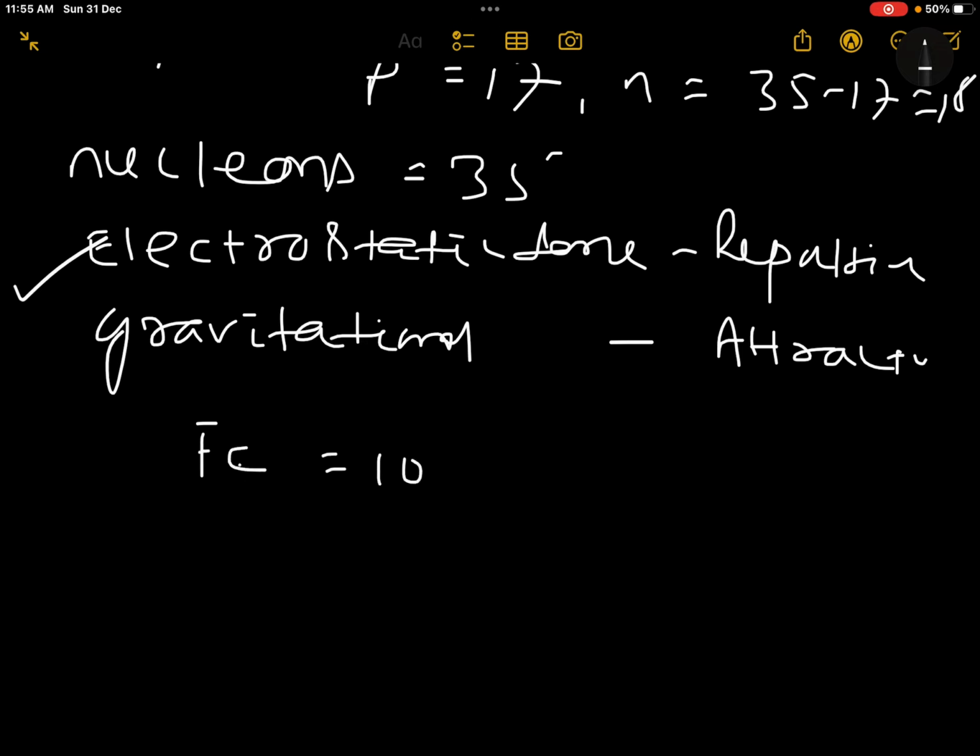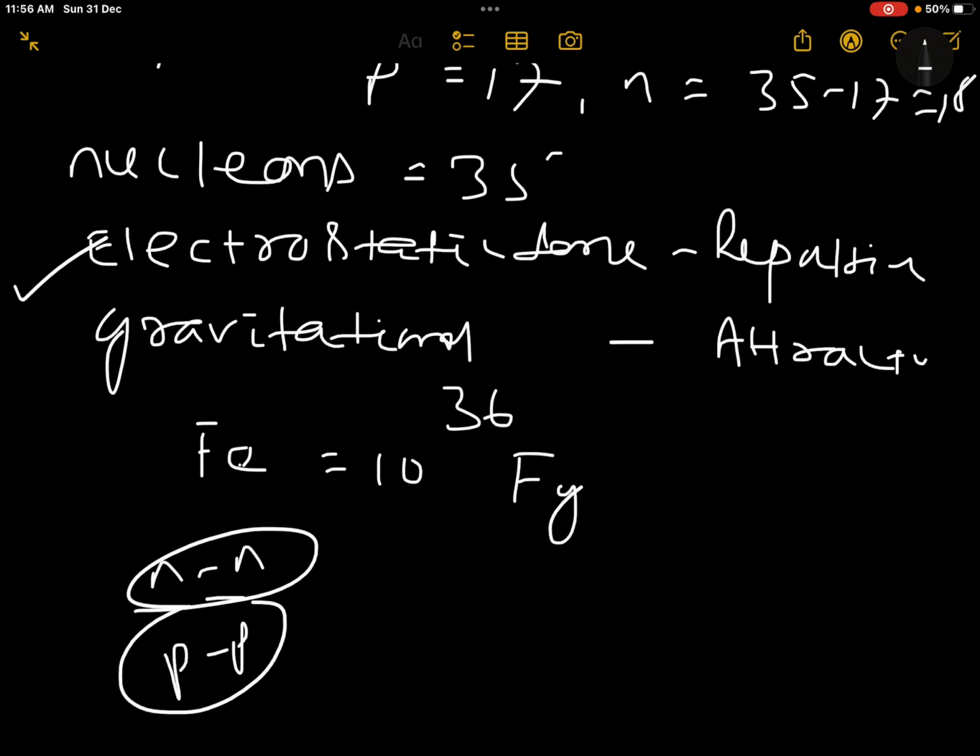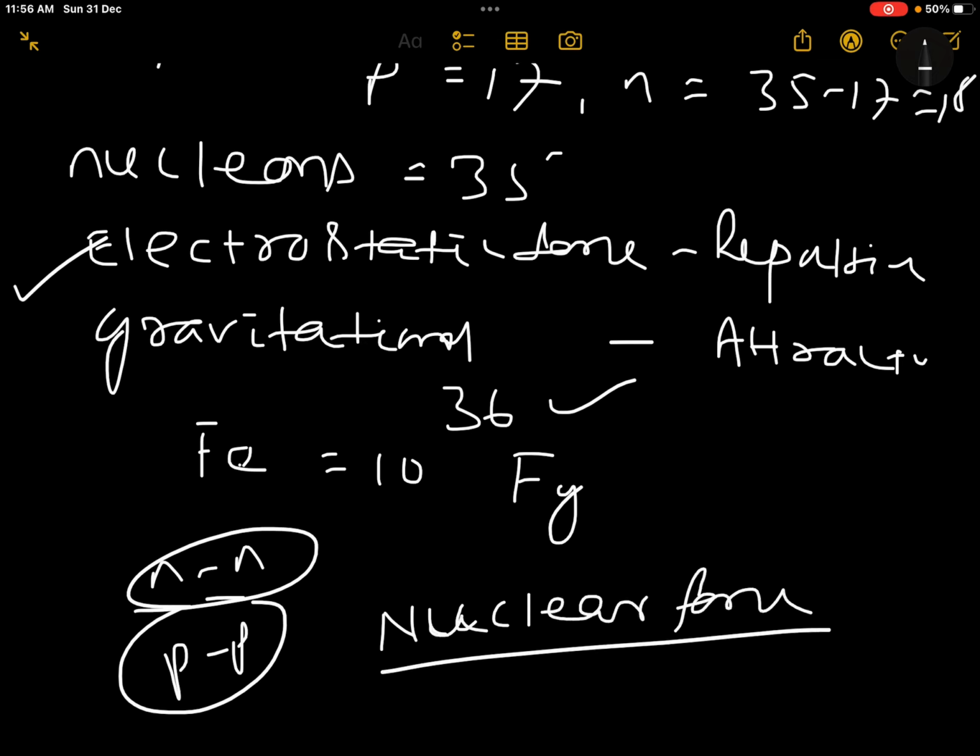Electrostatic force is 10 to the power 36 times greater than gravitational force. Due to which, what happens? Look here. Between neutron and neutron, there is no electrostatic force because they are neutral. Between proton and proton, electrostatic force exists, which is repulsive. It is calculated that the repulsive force is 10 to the 36 times stronger than the attractive force. It means there must be some force which helps to attract them. That is nuclear force.